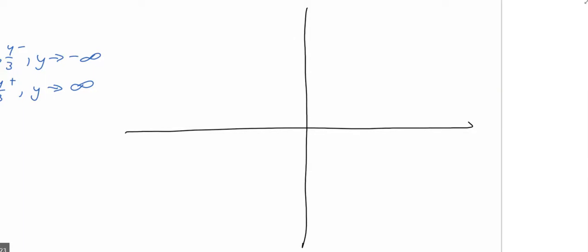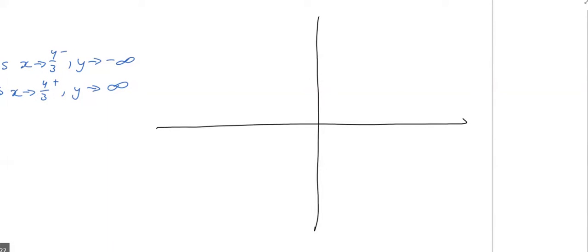Does that make sense? I think the best thing you can probably do is graph your asymptotes and your intercepts. Put them on first. Make sure they're on the right sides of each other. Okay, that's what we're going to do first.